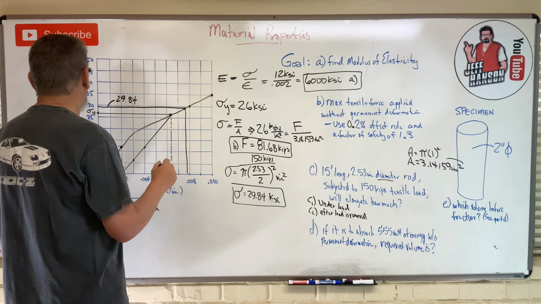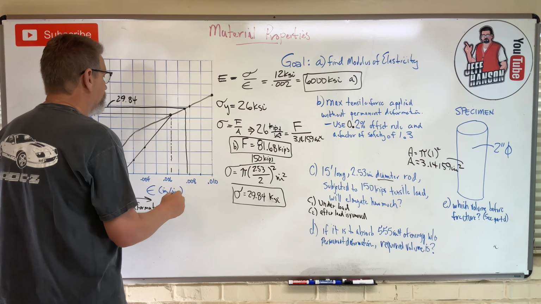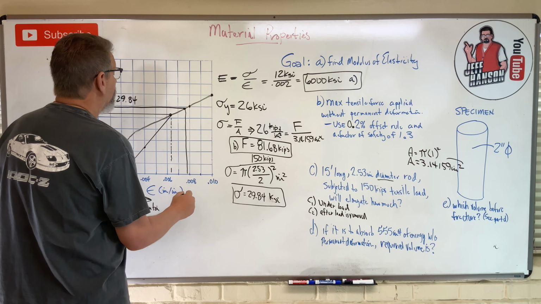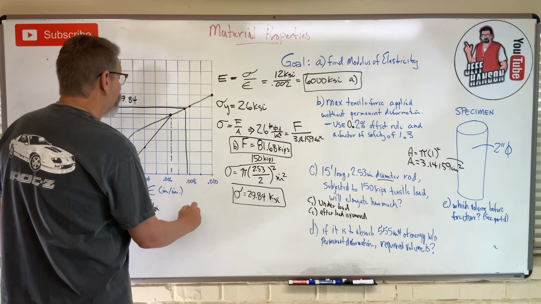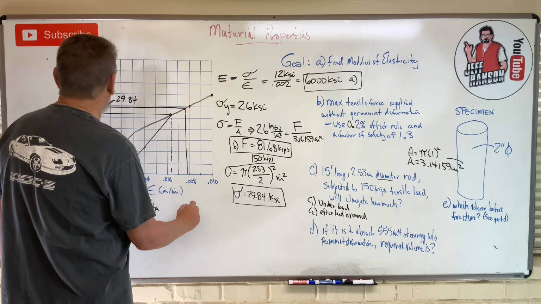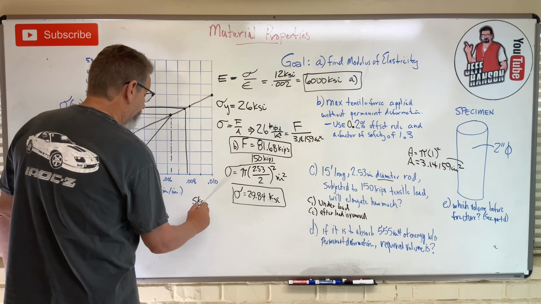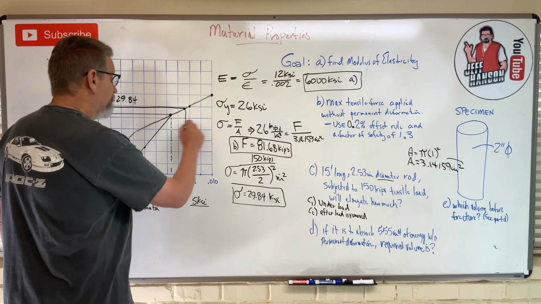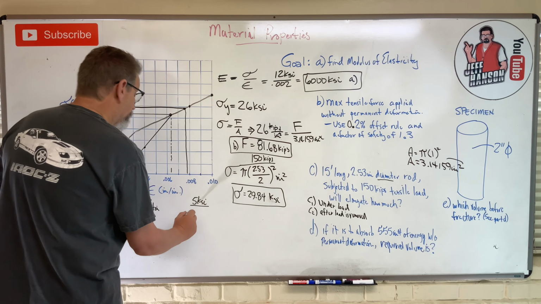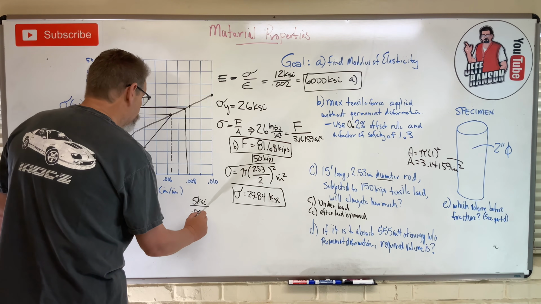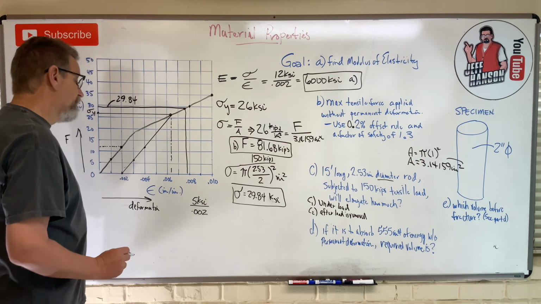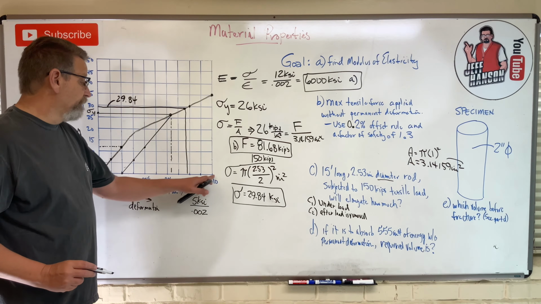Okay, so rise over run is going to be what? I don't know. The rise on that line is 5 divided by the run, which is what? 0.002, right? 001, 002.